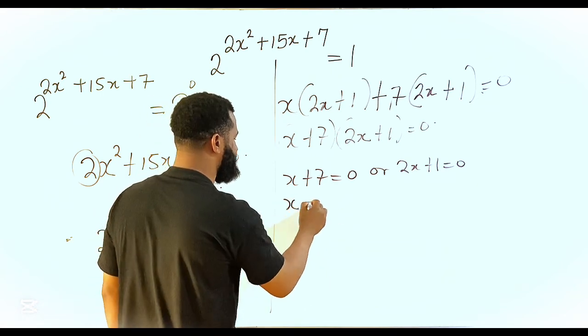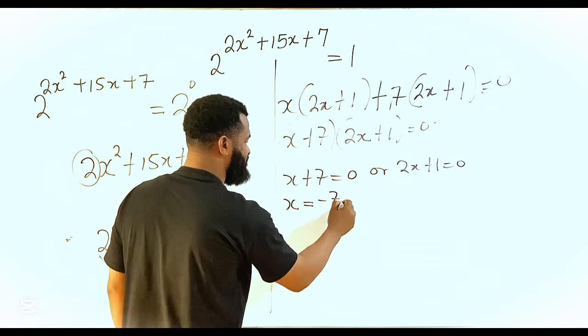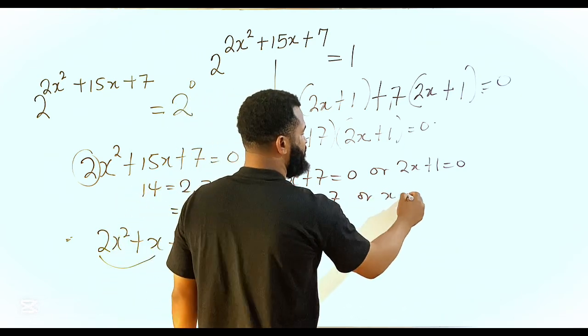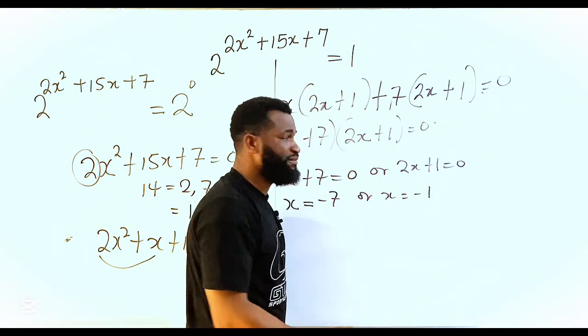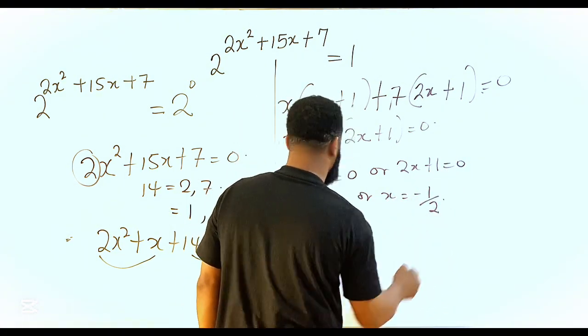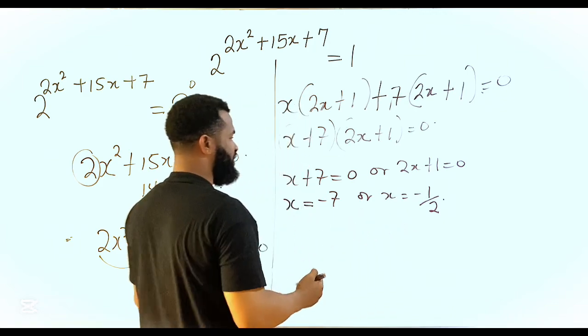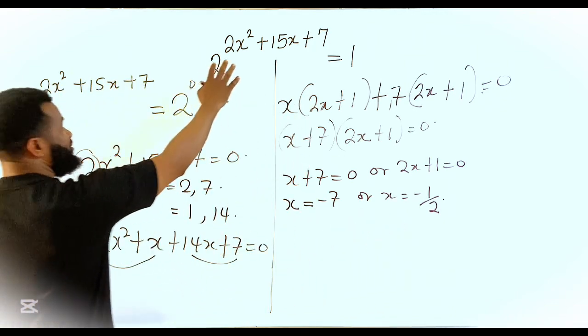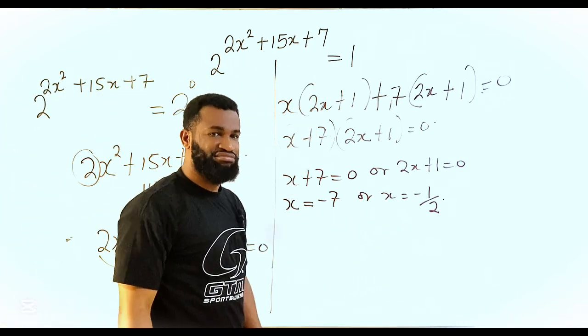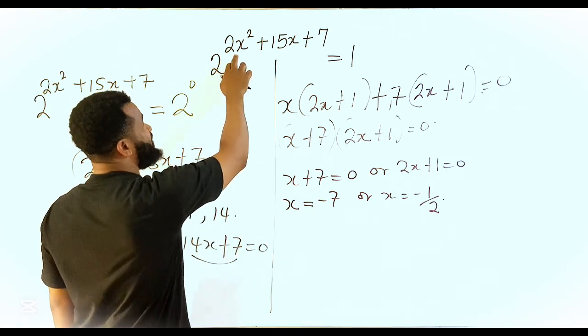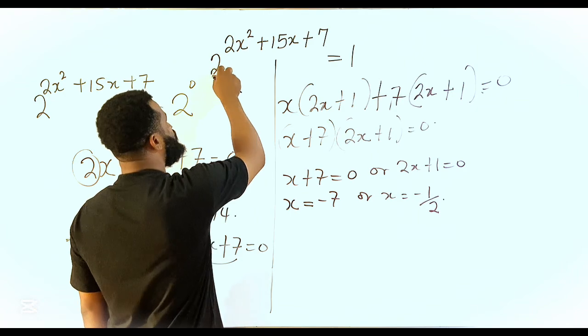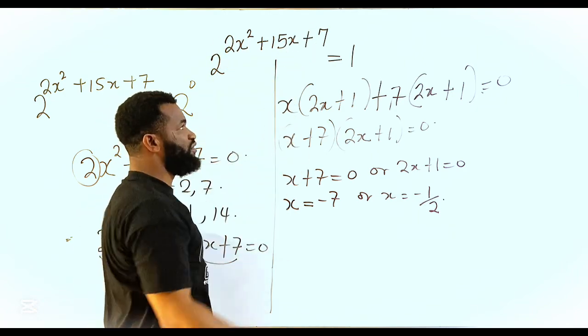So x is equal to minus 7, or x is going to be minus 1 over 2, taking plus 1 to the other side of the equation is negative, divided by 2. So these are the two values that would have made this equal to 1. Maybe you could just try and put in the value of x here to see if 2 raised to power, whatever you get, will give you 1.